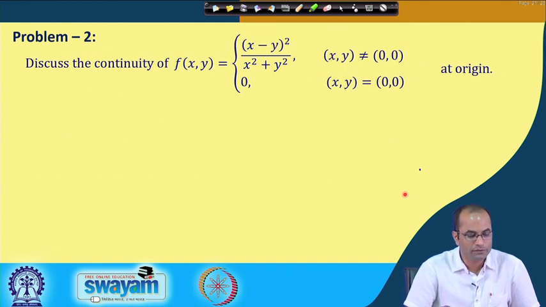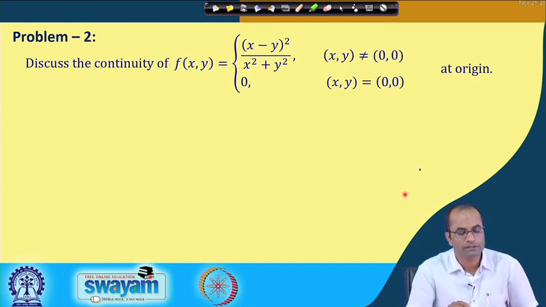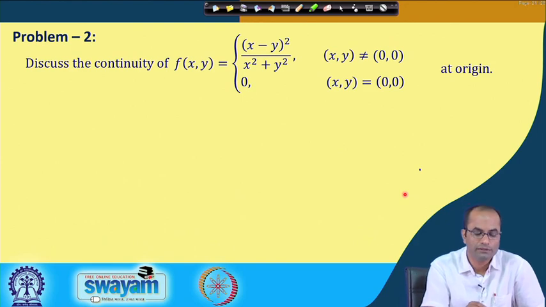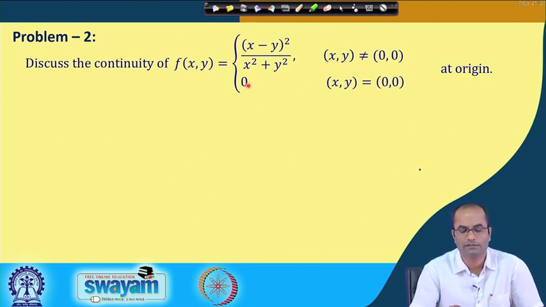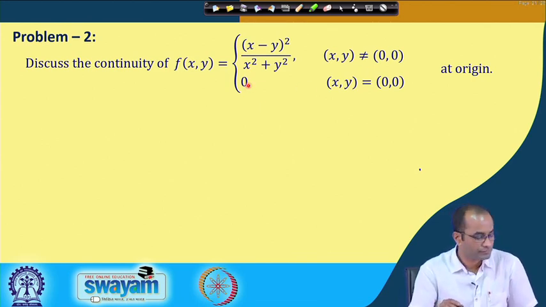Now, moving further to the next example, we will discuss the continuity of the function f(x,y) equal to (x minus y) whole square divided by x square plus y square, when (x,y) is not equal to (0,0), otherwise at the origin the function is defined as 0.